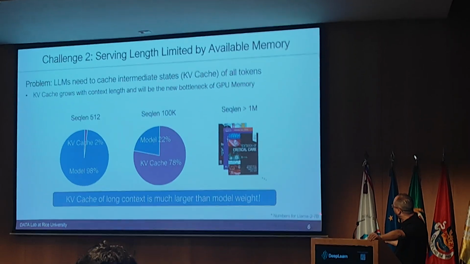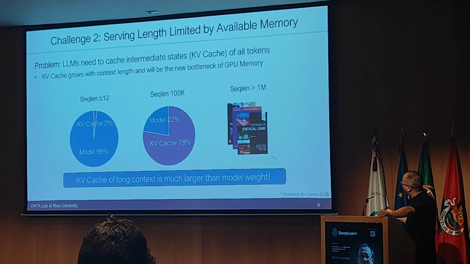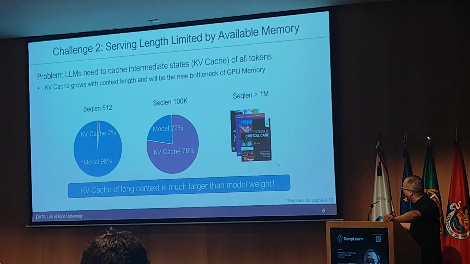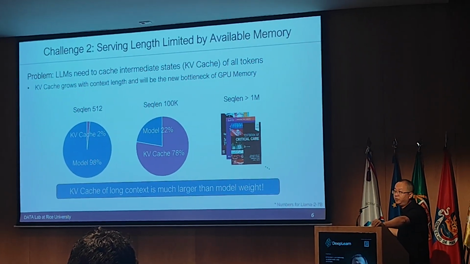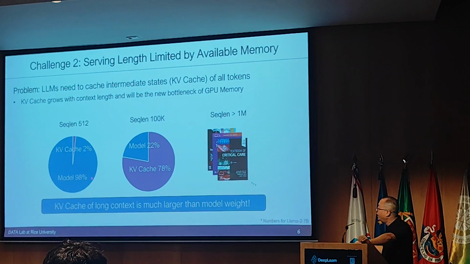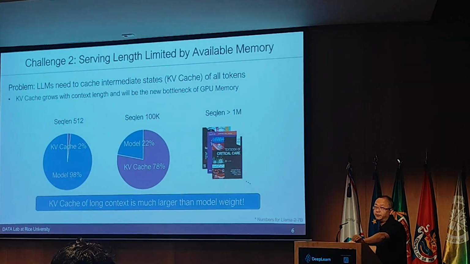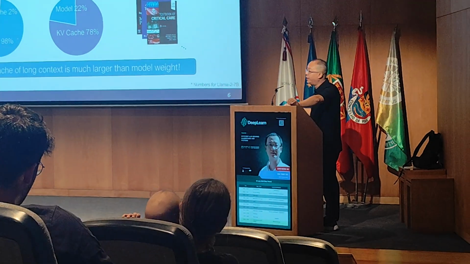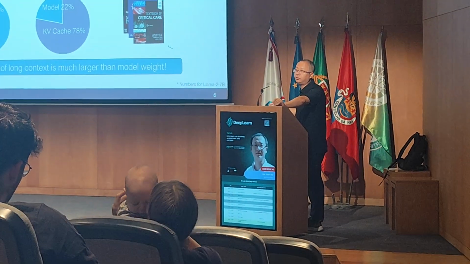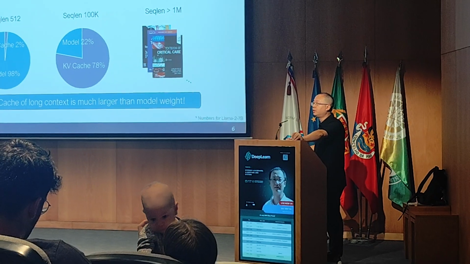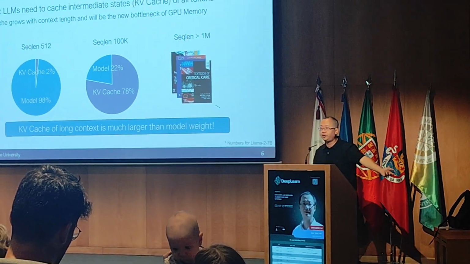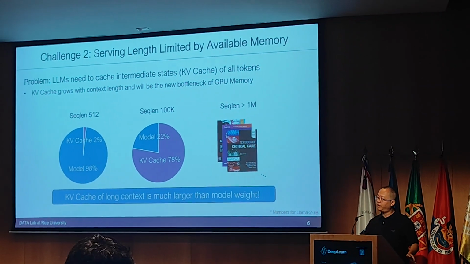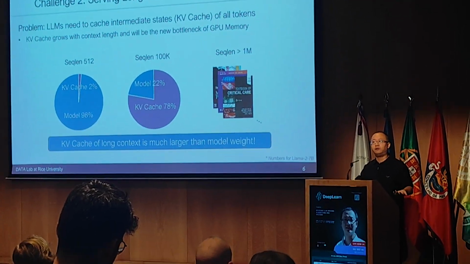When we serve the model and deal with text within 500 tokens, the model's computation occupies 98% of the memory, and the KV cache only occupies 2%. Pretty good, because essentially we consider GPU a computational resource, not a storage resource. That's pretty good. We made very good use of GPUs.